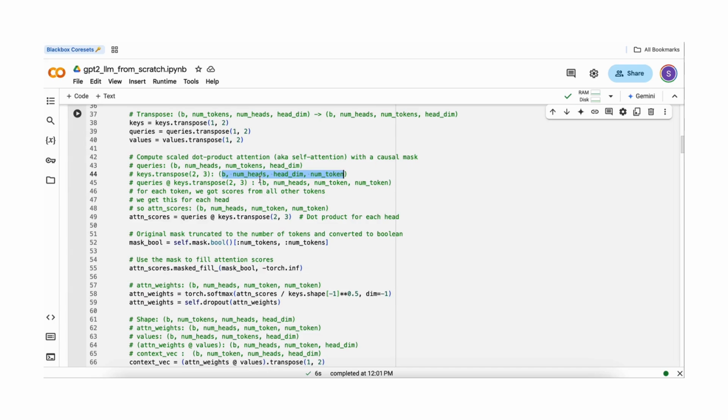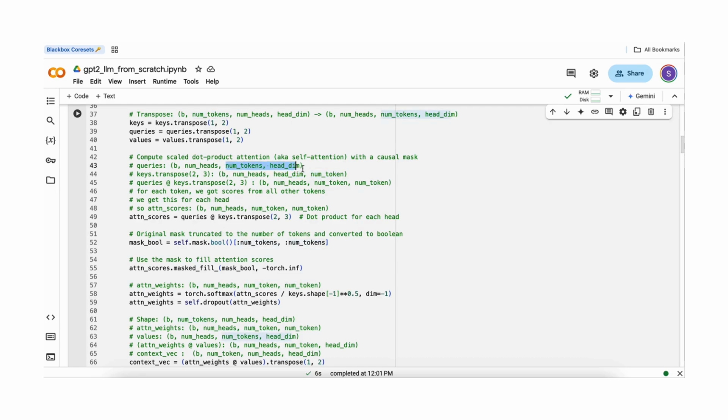And this is a dot product for each of these heads. The query is B, number of heads, num tokens, and head dim. When we do this matrix multiplication, B and the number of heads are the same, and then we multiply a matrix which has num tokens by head dim with head dim by num tokens.